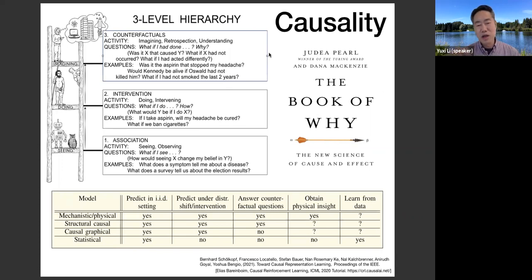For example, in the on-policy case, reinforcement learning is about intervention, about counterfactuals, but causality is also very powerful. So I think they are complementary. Maybe the short answer is they are complementary, but they also overlap. I think a good resource is this causal reinforcement learning tutorial, and there are some people working on this.